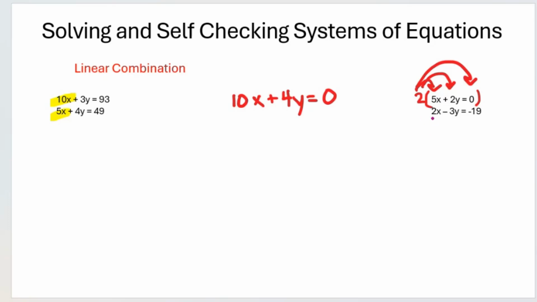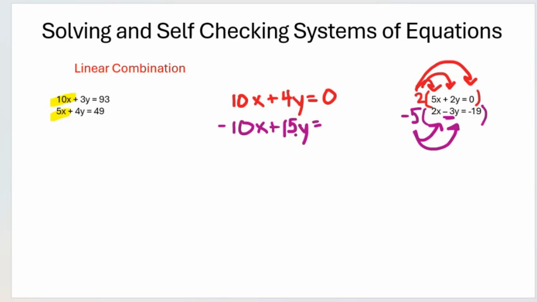All right, and I've got to make this 2x become a 10. So I'm going to multiply by 5. 5 times 2 is 10. But again, remember, we need one to be positive, one to be negative. So I'm going to make this -5 when I multiply. -5 times 2x is -10x. -5 times -3y, you take that sign in front of it, that's a positive 15y.